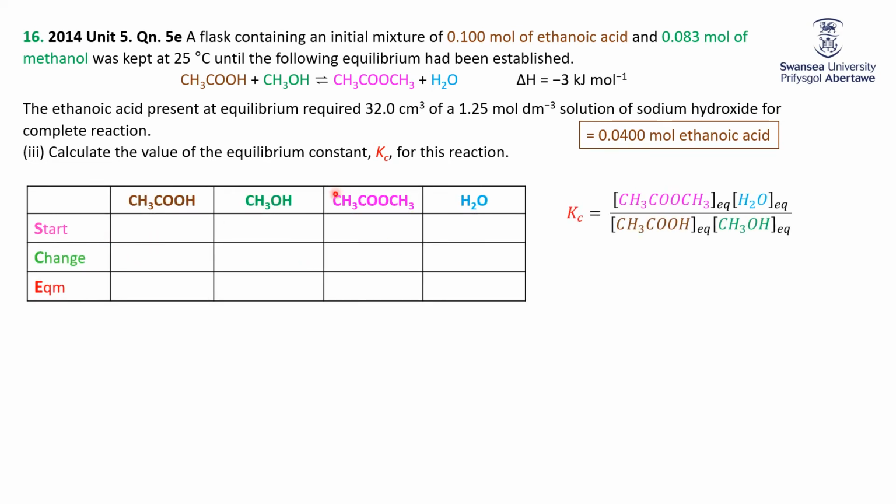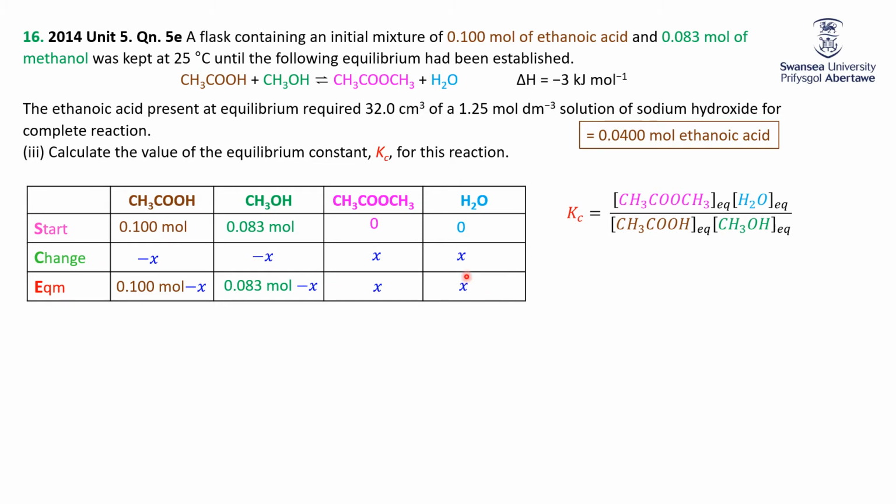At the start we have 0.1 of the CH3COOH, 0.083 of the methanol, and none of the products. The change line, we'll put in X all over the place, bring in the coefficients, which is 1 and 1 and 1 and 1, make the reactants negative. Put it together, at equilibrium, 0.1 minus X, 0.083 minus X, X and X.